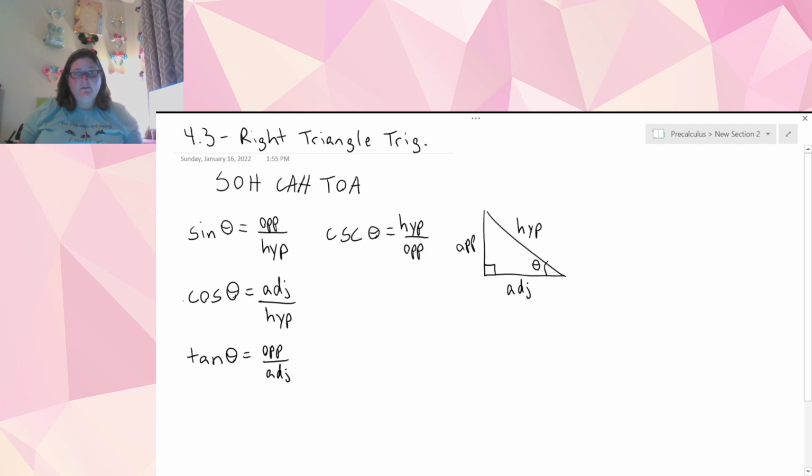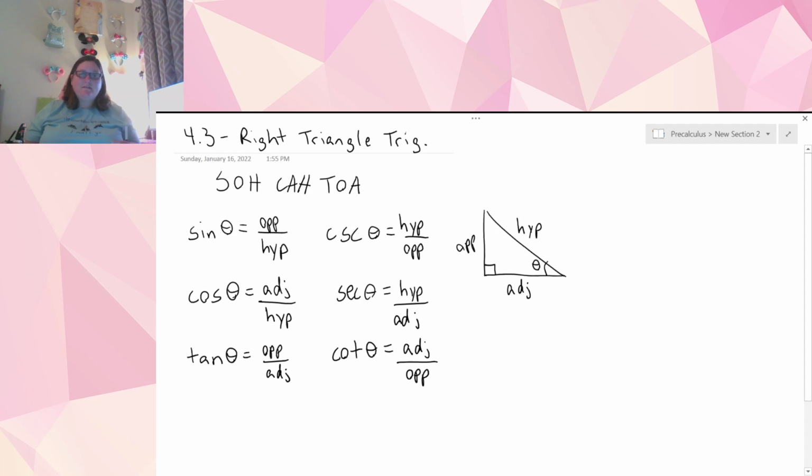The reciprocal function to cosine is secant, so secant of theta is going to be hypotenuse over adjacent. And the reciprocal function of tangent is cotangent, which is going to be adjacent over opposite.